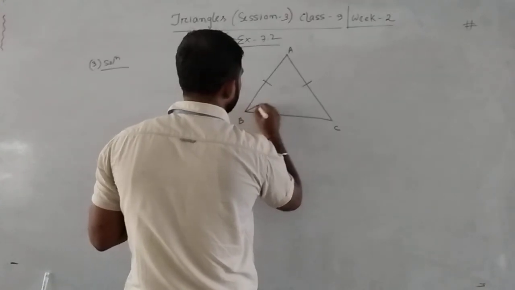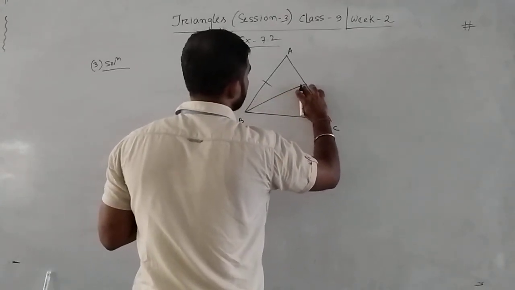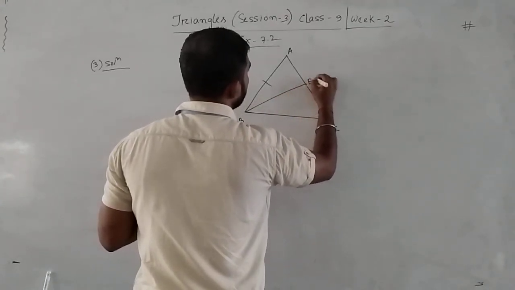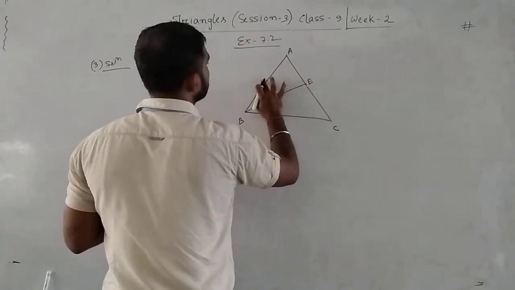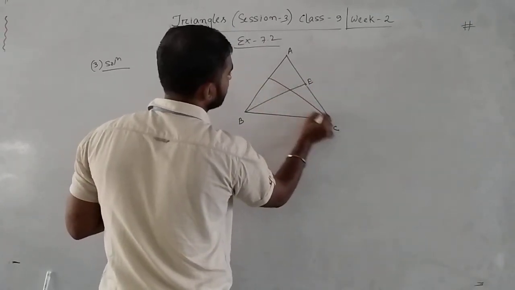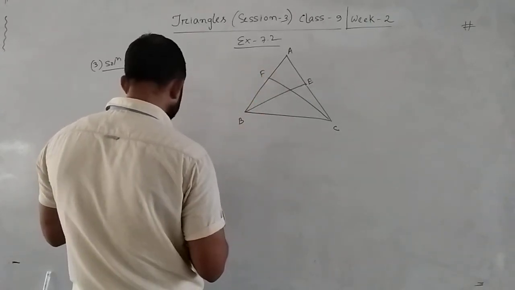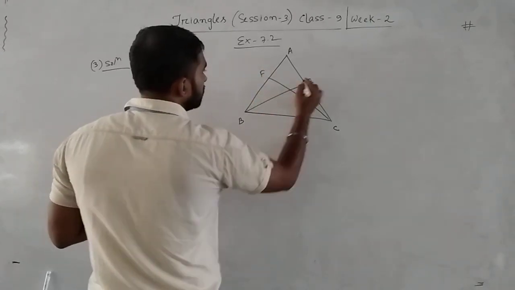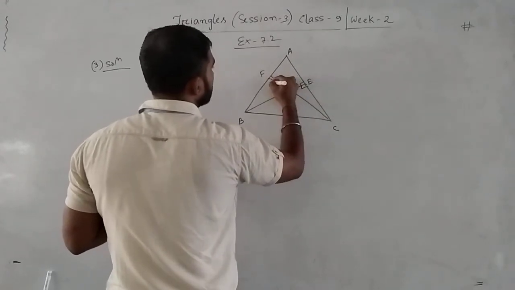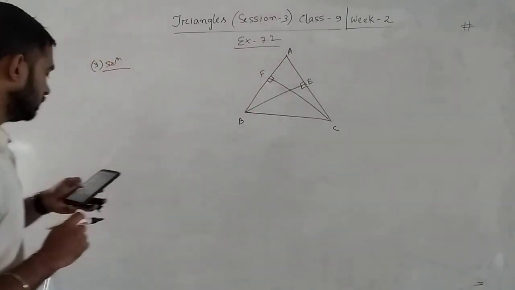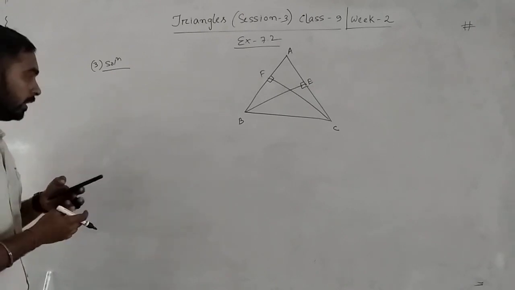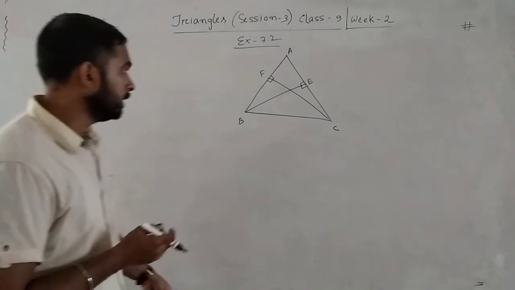The altitudes are BE and CF. Show that the altitudes are equal, that is, BE equal to CF.